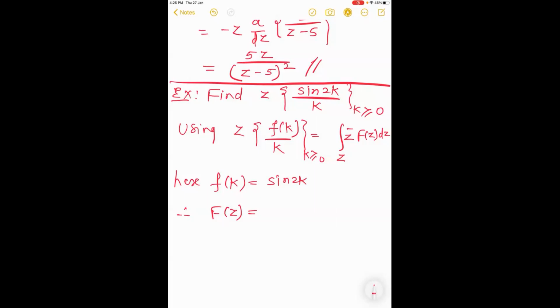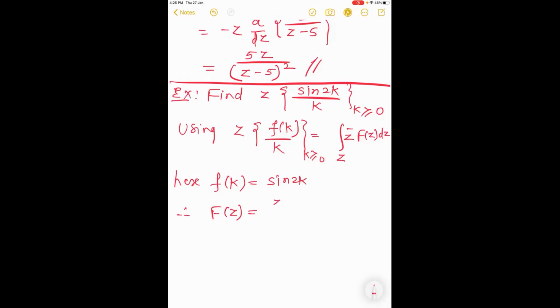Who will tell me what is the transform of sin 2k? If you have written it in your notes, what is the sin alpha k transform? Yes, written or not? What is the sin 2k transform?